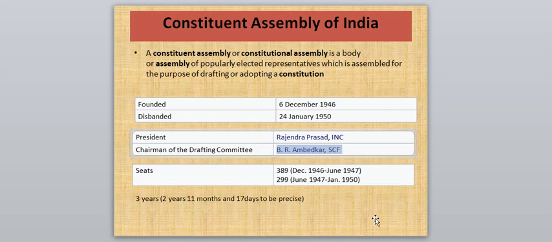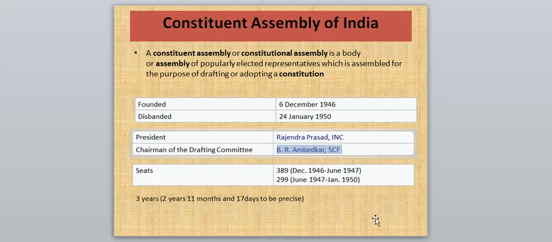He also founded the Republican Party of India, and he was the chairman of the drafting committee. Dr. B.R. Ambedkar is also known as the father of the Indian Constitution. He was one of the major leaders of the Constitution Assembly.